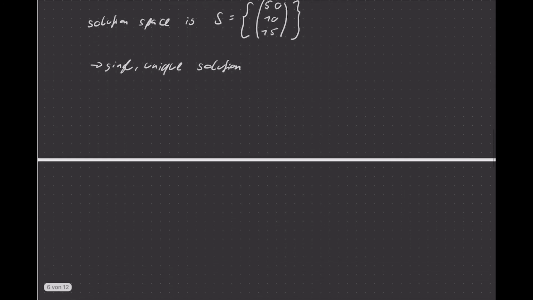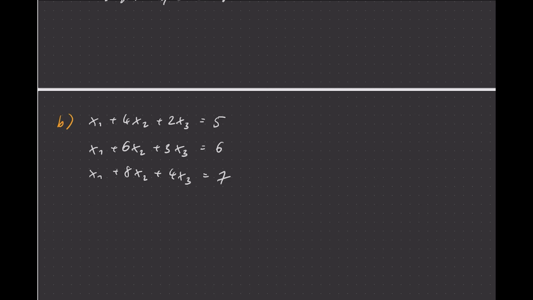Now, let's have a look at one other example. In this case, I'll start with the system of linear equations right away. So that system is x1 plus 4x2 plus 2x3 equals 5, x1 plus 6x2 plus 3x3 equals 6, and x1 plus 8x2 plus 4x3 equals 7.